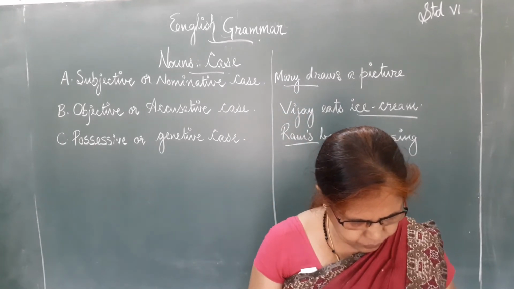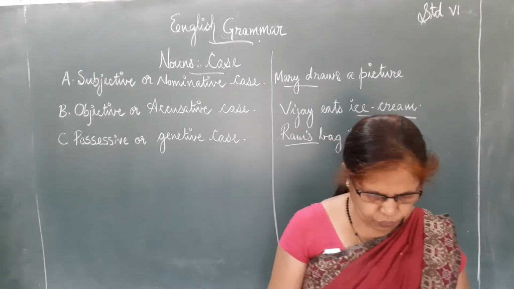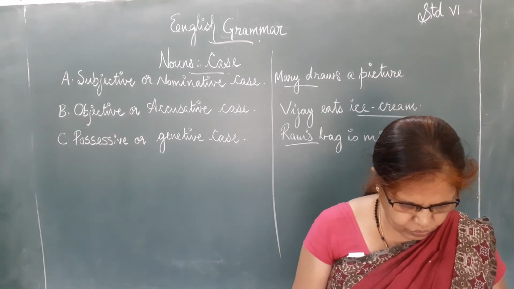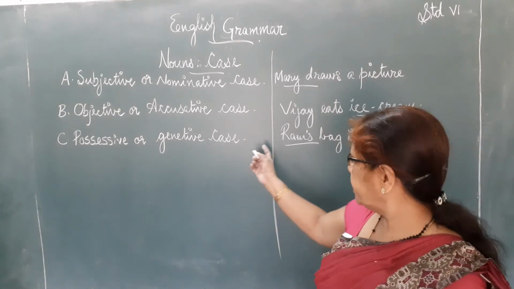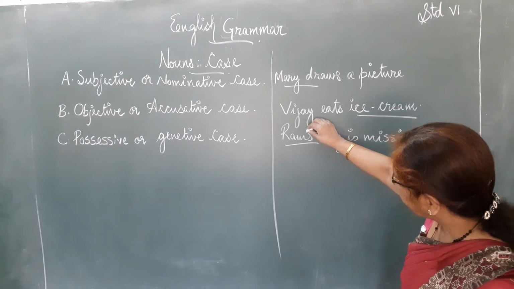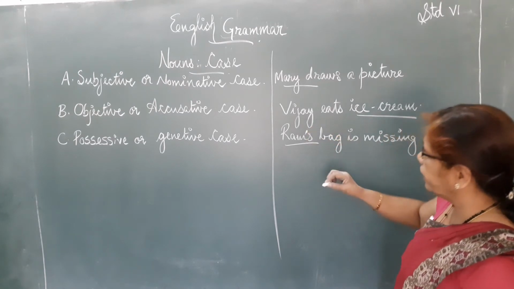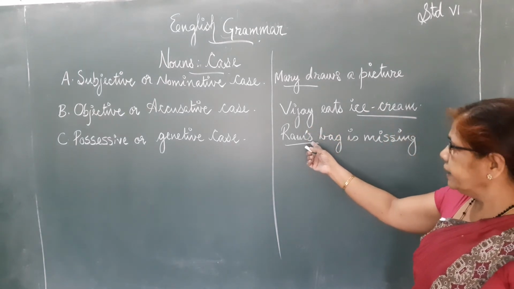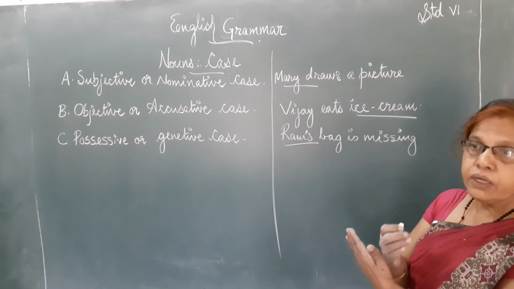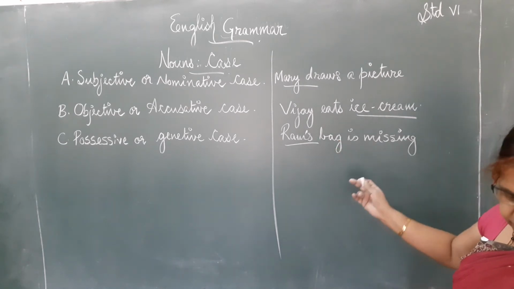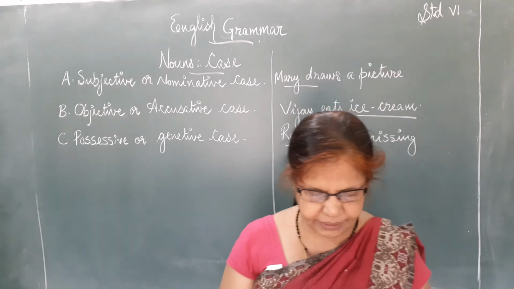Now you have to remember the following rules to form possessive case. Use apostrophe S with singular nouns. Give an apostrophe and then put one S to show the possession, like Ram's bag. You have to always remember that.